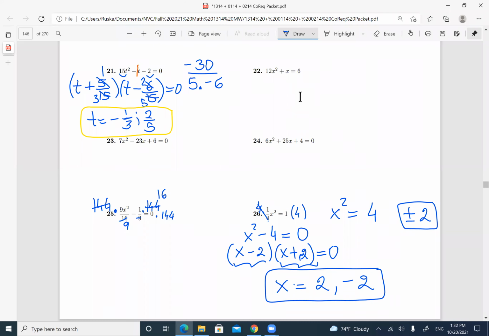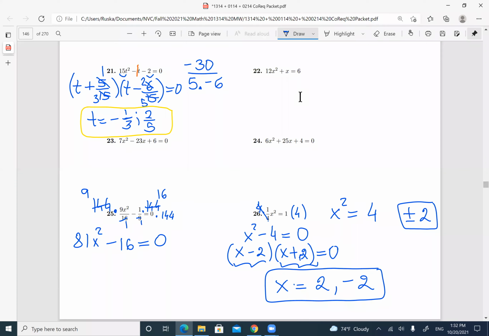And of course, 0 times 144 is 0. So, oops, I put it backwards. This 9 should be up right. Okay, so we have 9 times 9 is 81x squared minus 16 equals 0. Everybody see how we get the equation with no fractions?